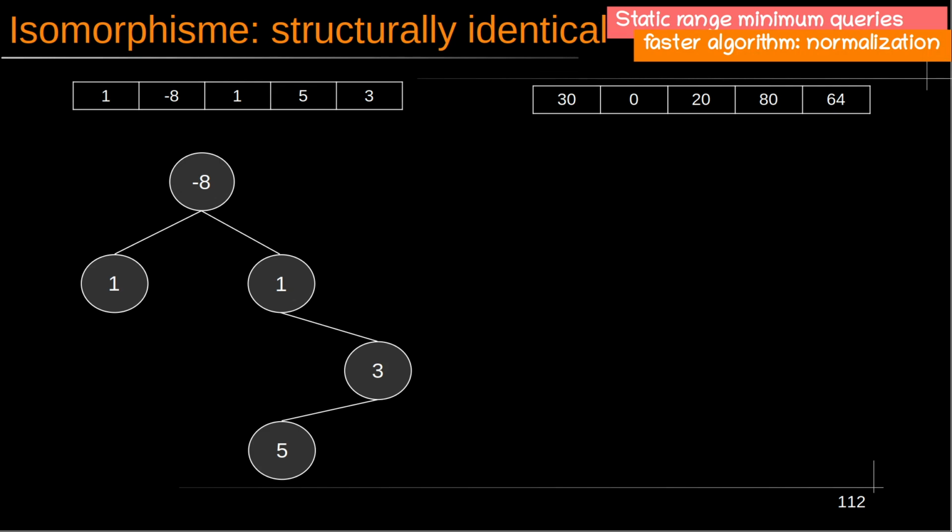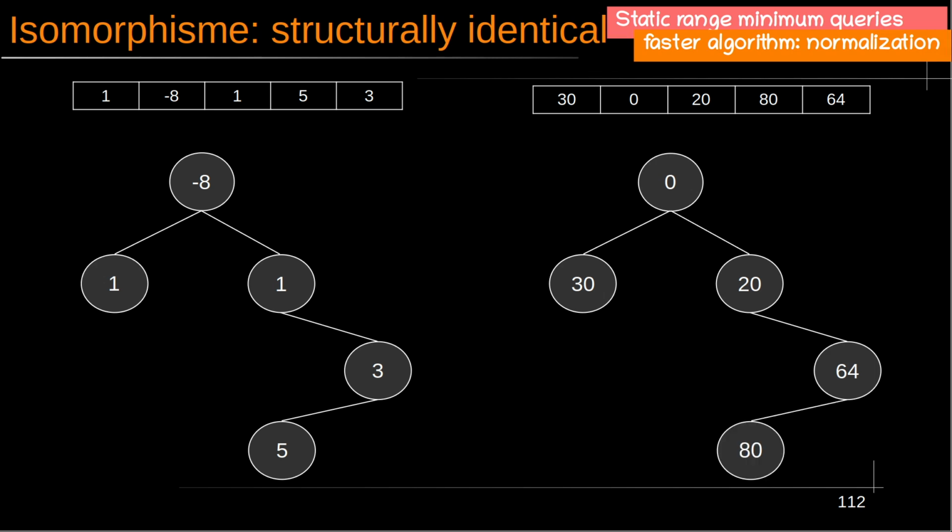Maybe you're asking how we get this tree. Of course, I will answer this in a moment. We're going to explain very deeply how to construct this tree. For the array on the left, we have this tree: 0, 30, 20, 64, 80. As you see here, these two trees have the same shape. We can say that these two trees are isomorphic or structurally identical.